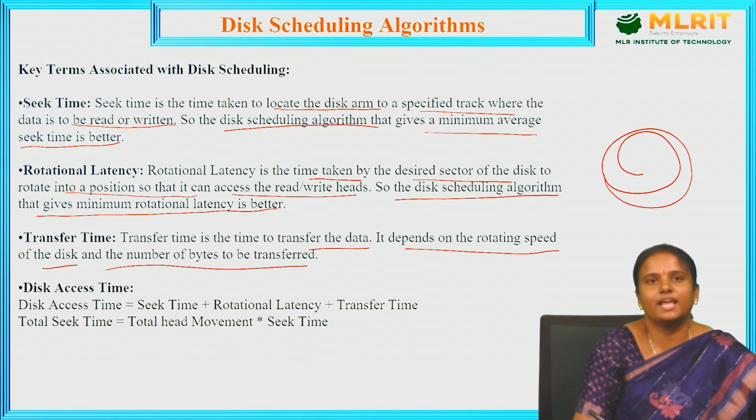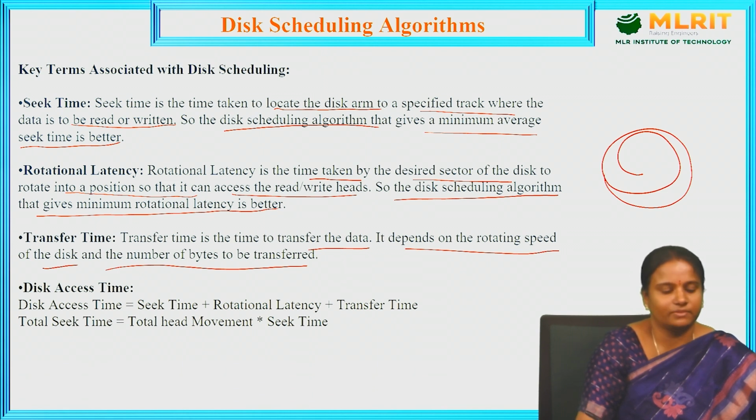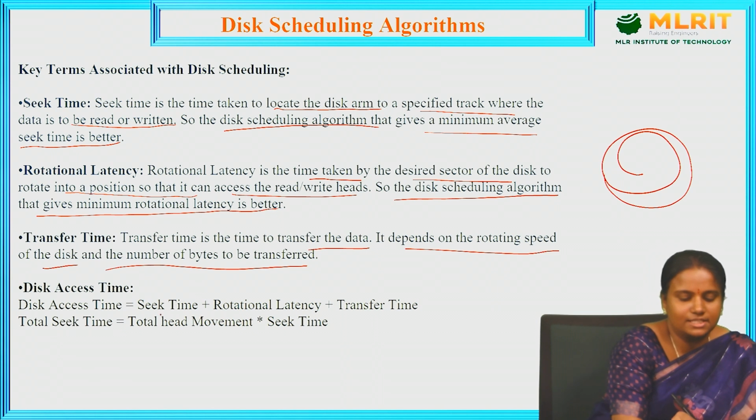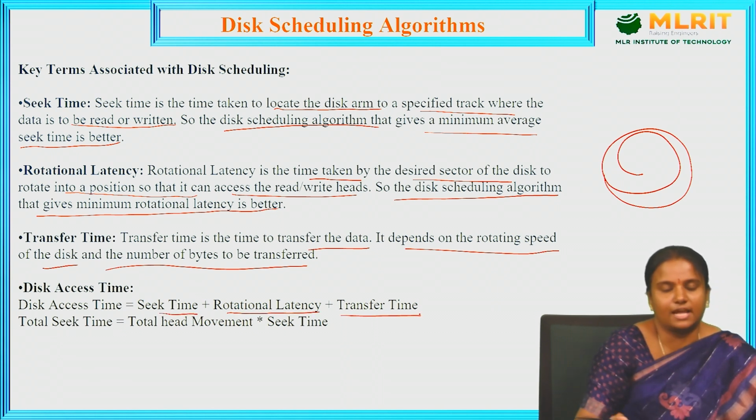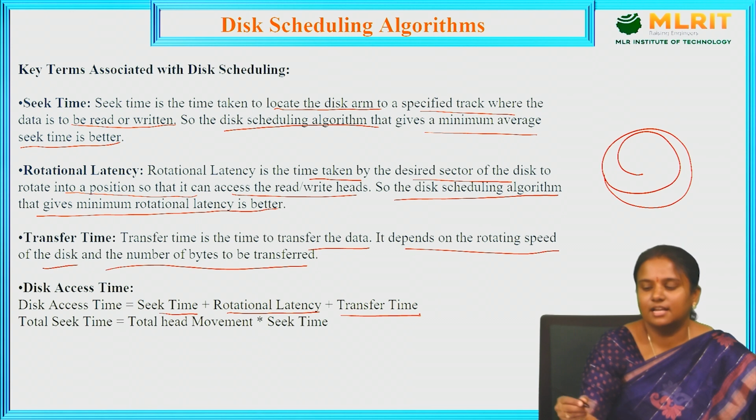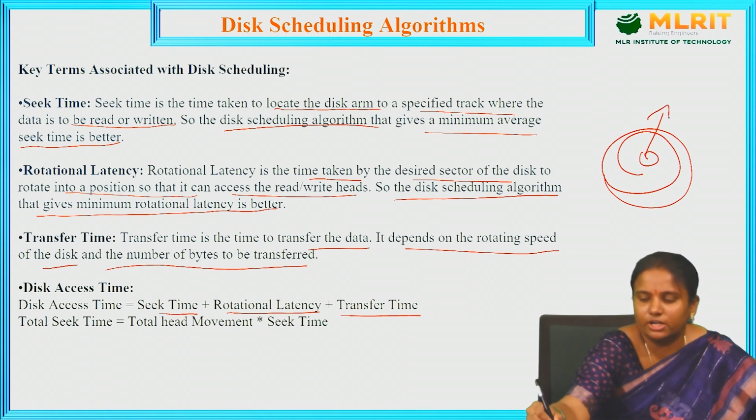So next one is disk access time. Disk access time equals seek time plus rotational latency plus transfer time. So this is the disk you are going to access.